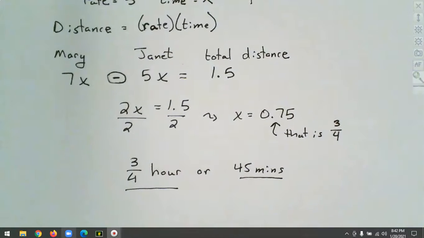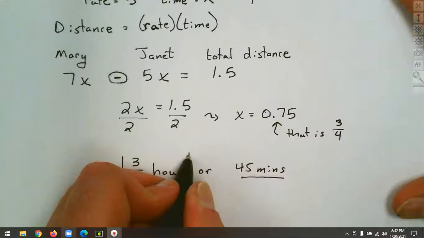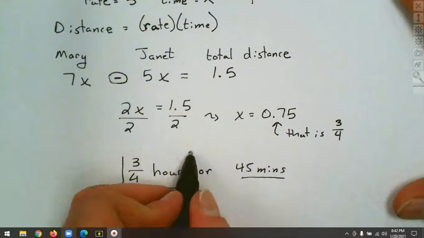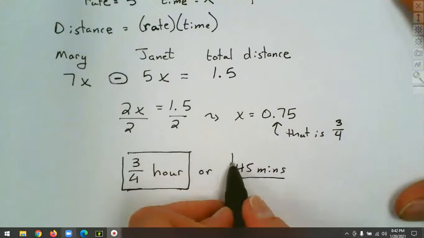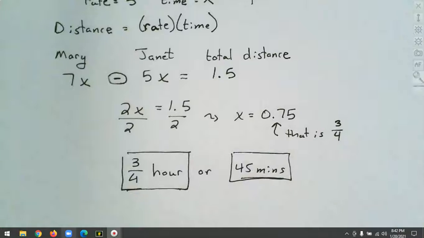I would take either 3/4 of an hour or the 45 minutes, and I would even take the 0.75 hours. But it's probably going to make more sense with the minutes. The minutes is what you would probably use, so that would probably be your preferred answer. It doesn't specifically tell us though. So I would take the 0.75, the 3/4 of an hour, or the 45 minutes. All of them are the same, so any of them you use is fine.